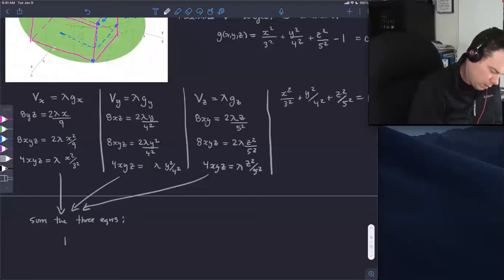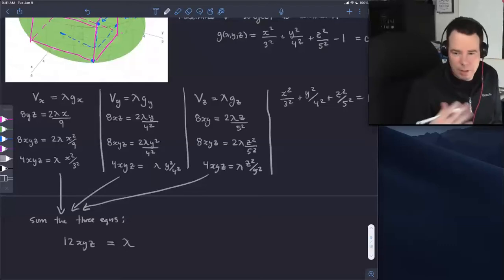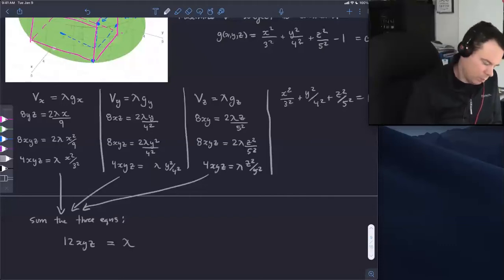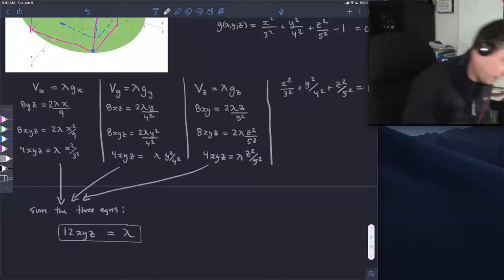What I'll get is a 12xyz on the left. And then on the right, I get lambda times x squared over 3 squared plus y squared over 4 squared plus z squared over 5 squared. But that's equal to 1. That's the constraint. So summing these equations boils it down to just this nice, straightforward equation. So there we go. There's a new equation that we have relating all of them.